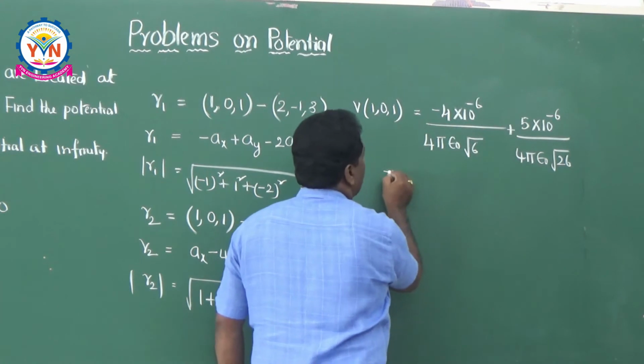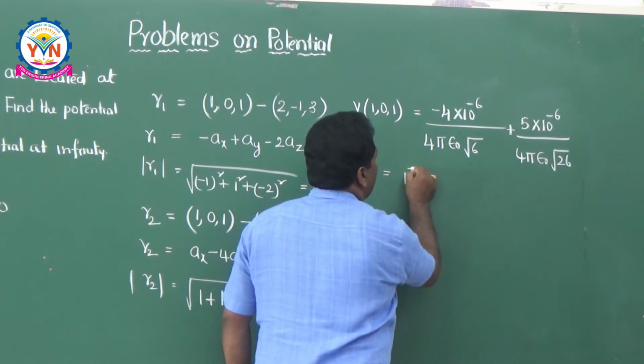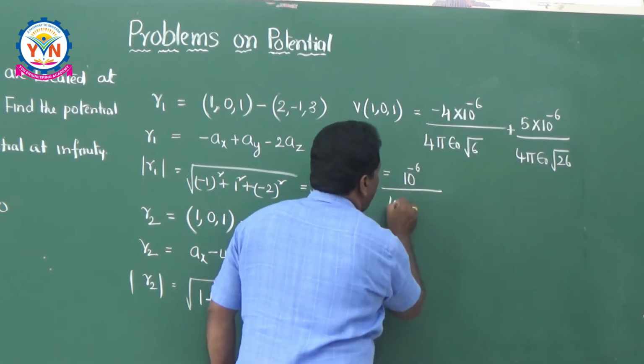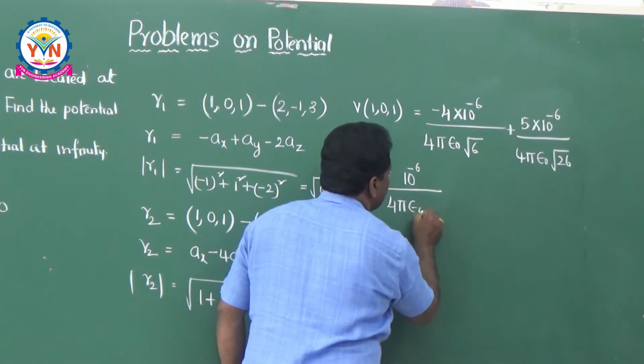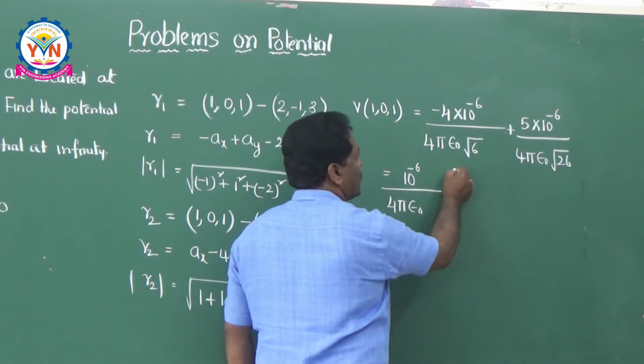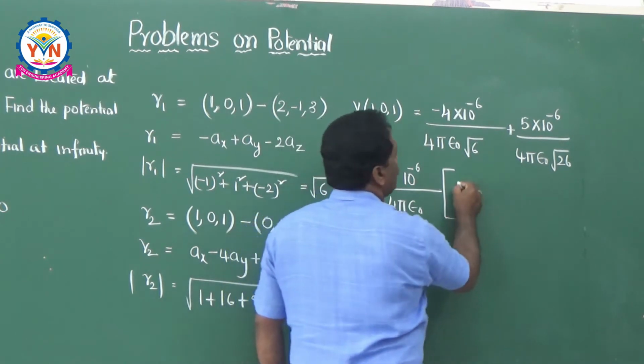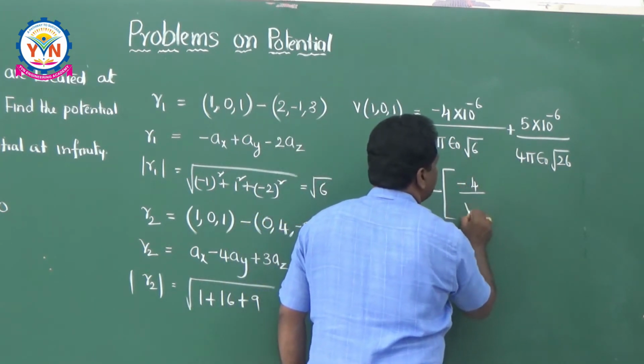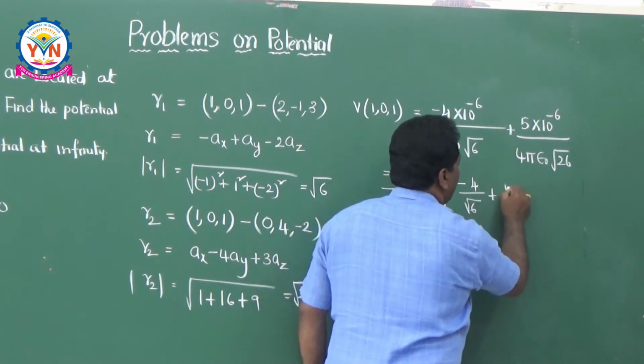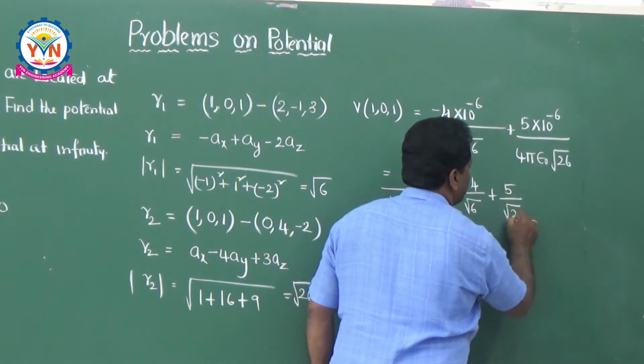Then you can say this is equal to 10 to the power of minus 6 by 4 pi epsilon naught, taking it as a common factor, into minus 4 divided by root 6 plus 5 divided by root 26.